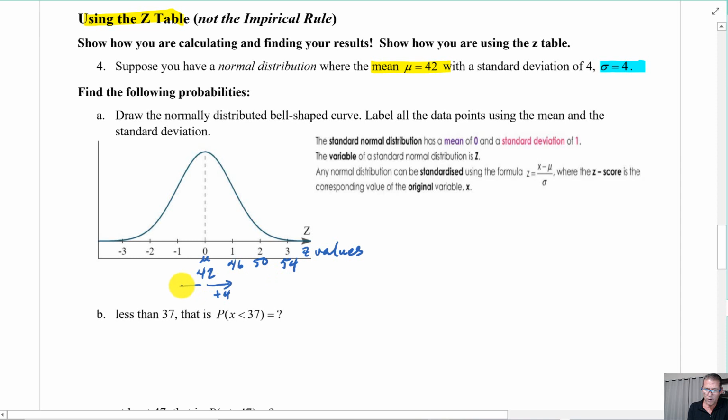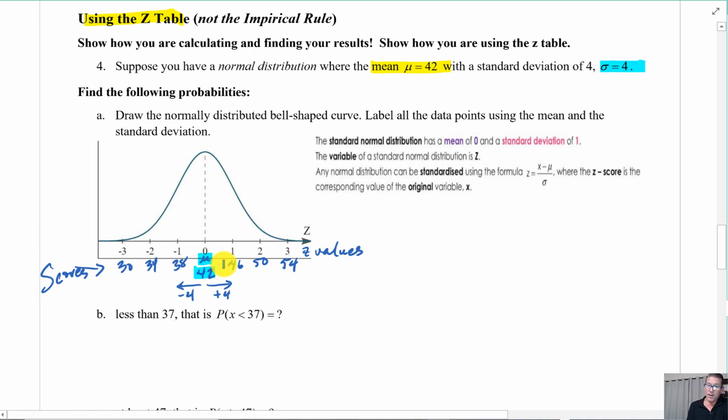If we subtract 4 going to the left, we have 38, 34, and 30. So these represent your scores. Remember, the mean is always directly in the middle, and the mean is 42 in this case.